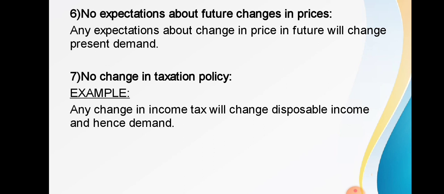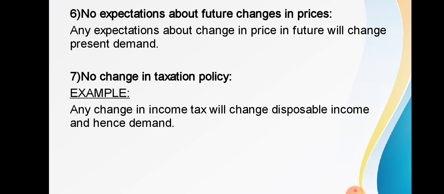If the consumer expects that the price will rise or fall in future, they will change their present demand, though the price remains constant. Is this clear? The sixth assumption says that there should be no expectations about the future change in price.